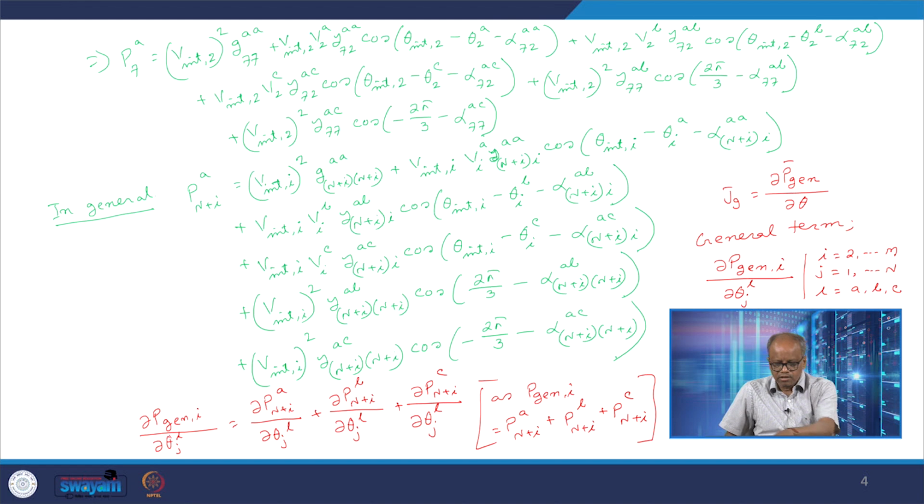So here what I have got? I have got only theta i a, theta i b and theta i c, right. Nothing else will exist. For any other j it will be 0 because it does not exist, right. So then therefore del P n plus i a by del theta j l is 0.